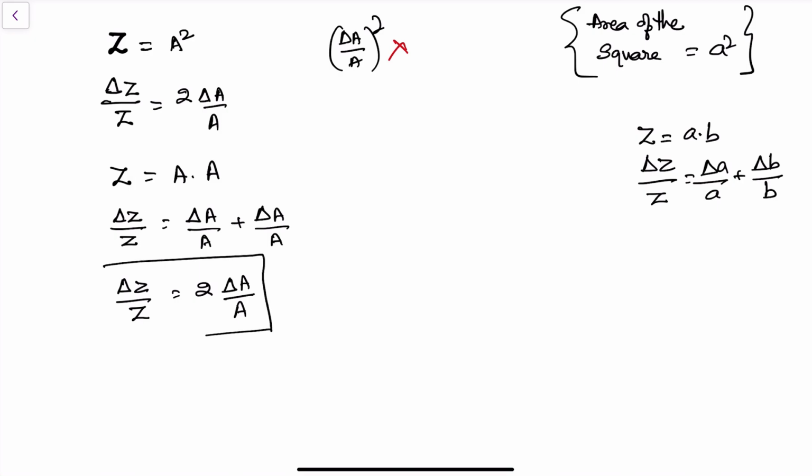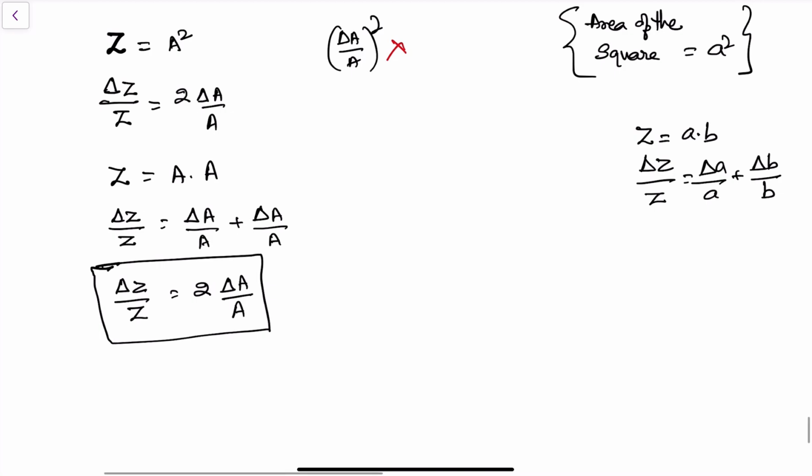So this is what? Suppose z is equal to a cube, delta z by z, the relative error, is equal to 3 into delta a by a. Right.